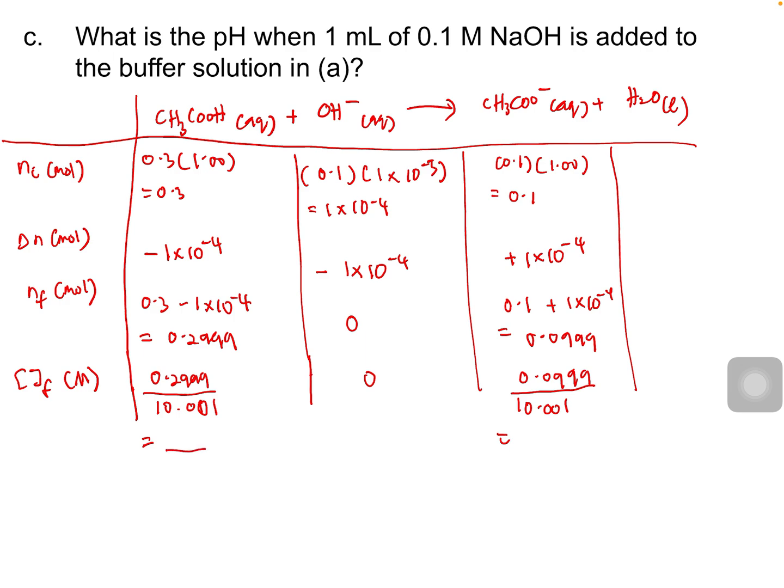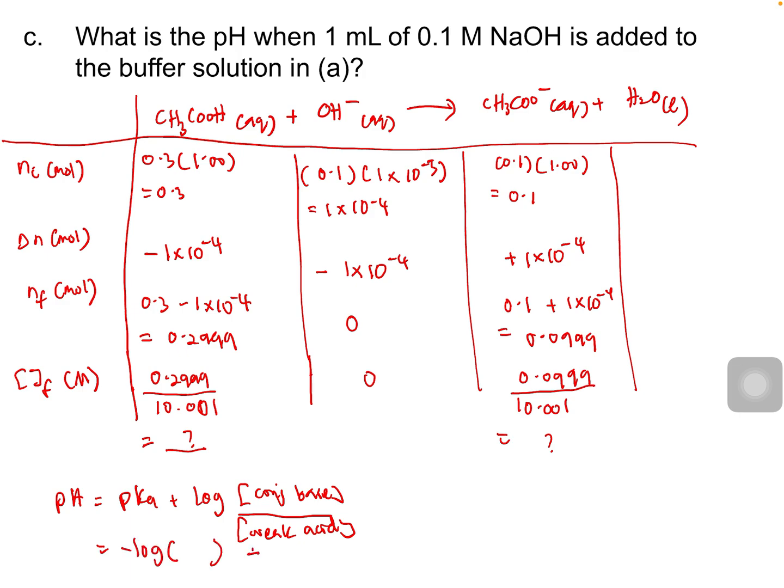So, you guys cari dekat sini. Ini concentration. So, guna formula pH equal to pKa plus log conjugate base divide by weak acid. Okay, so pKa ialah negative log Ka. Ka ni you guys masukkan tambah dengan log conjugate base.